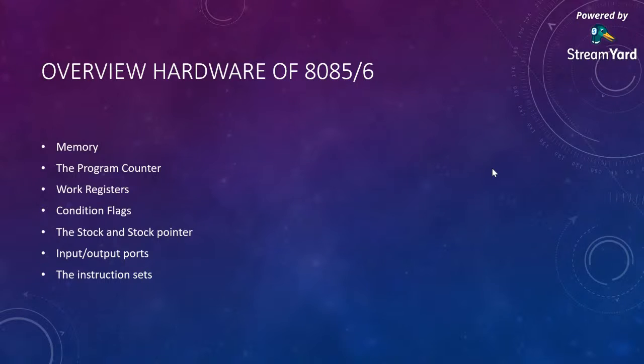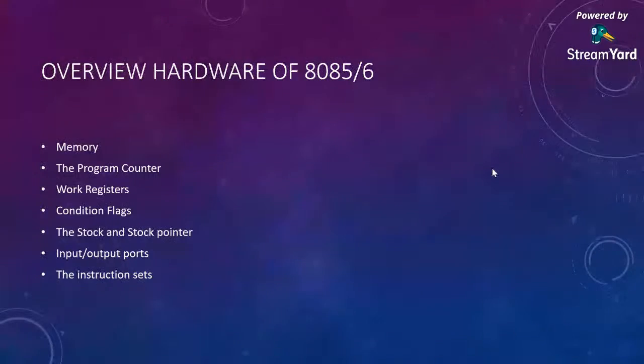There are a lot of things included in the hardware of the 8085, which are memory, program counter, work registers, condition flags, stack and stack pointer, input output port, and instruction sets. Today we are not going to explain all those things together.